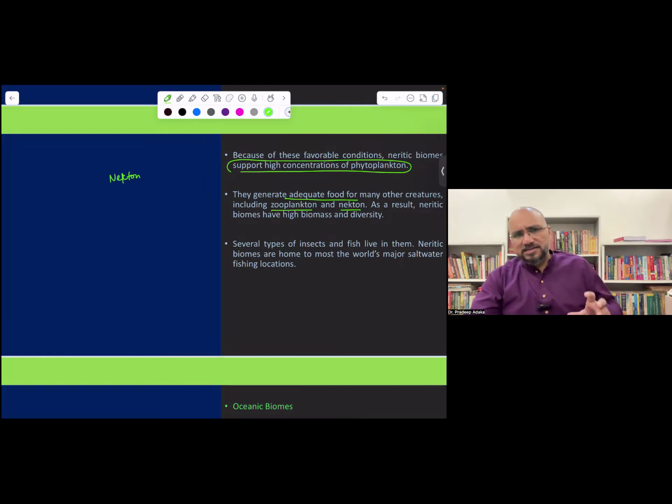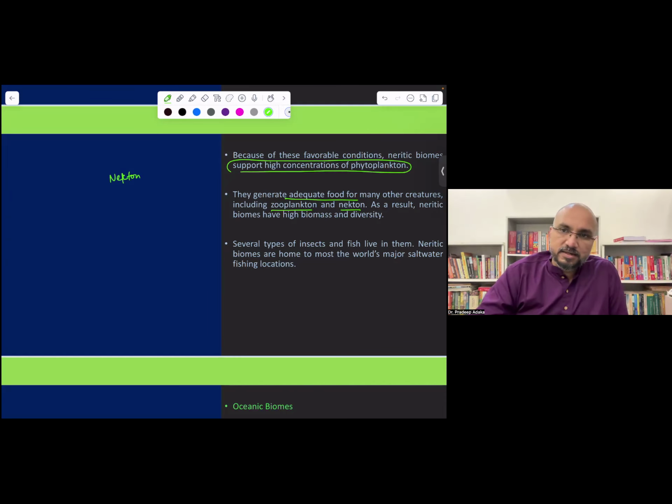Phytoplanktons and zooplanktons are very small, so tides can move them. They move passively. Their movement depends upon the waves, tides or wind. When other agencies move the water, they also move along with the water. They don't move actively.